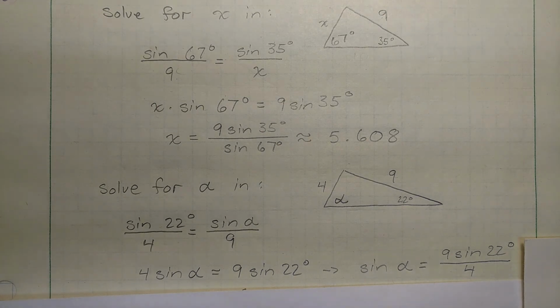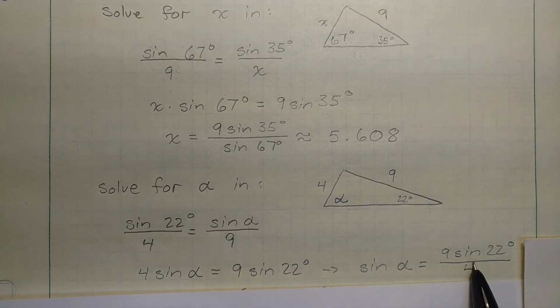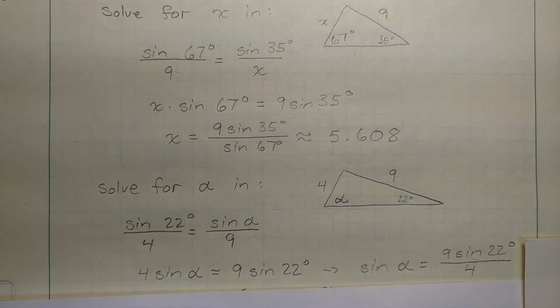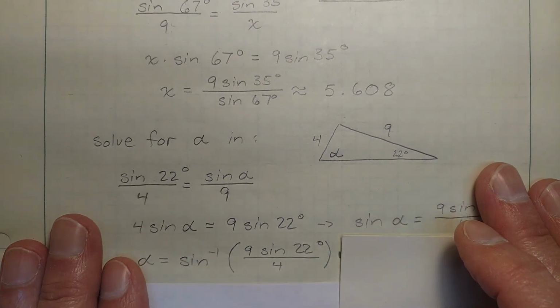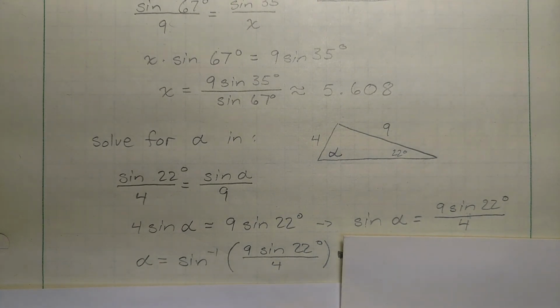If you remember, when you want an angle and it's inside of a trig function, that angle is equal to the inverse trig function of this answer. So alpha would be equal to the inverse sine of 9 times the sine of 22 degrees over 4.